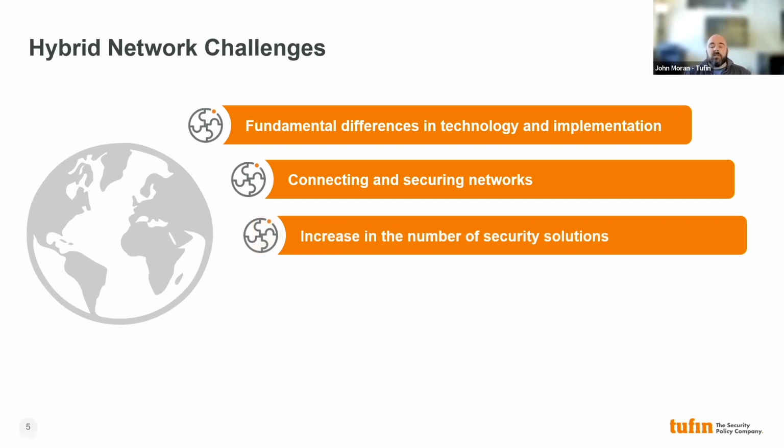We have a huge increase in the number of security solutions as we move to a hybrid cloud, right? As I mentioned, there are specific tools that are just meant for securing public cloud. There are specific tools for Kubernetes and networking on top of Kubernetes to secure Kubernetes networks. And again, in the SDN space, and what that's caused is really an explosion in the number of security solutions that you have to deal with, and that causes a number of problems.